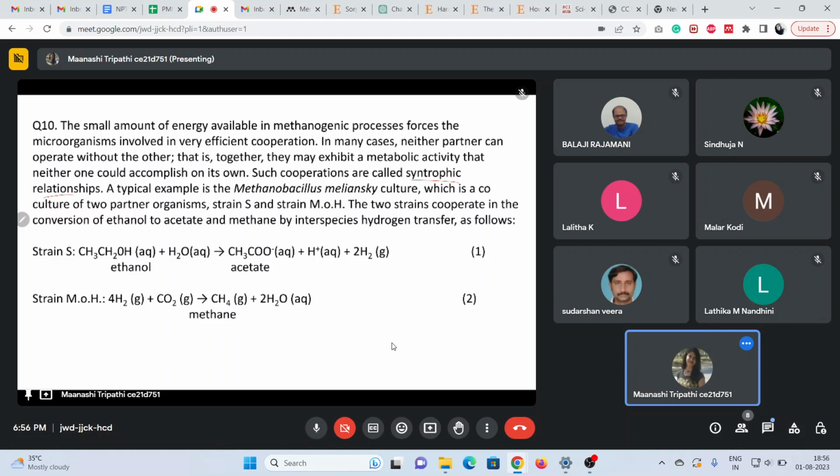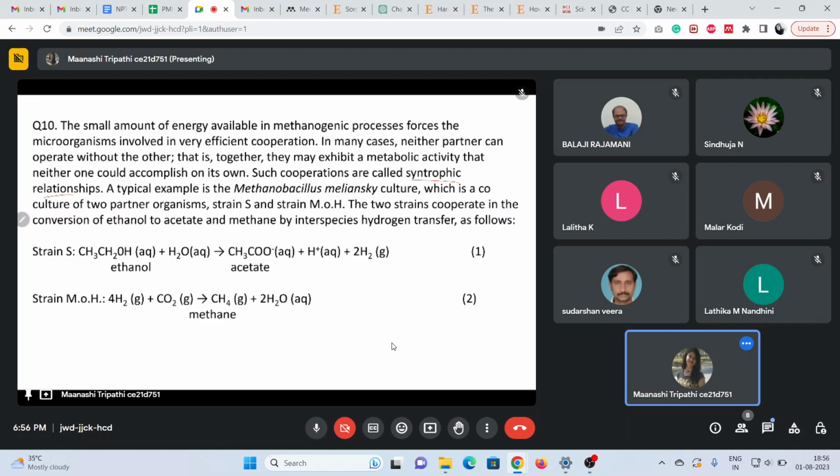So please first of all note down these two reactions so that we can go to the next page and see what this question wants us to answer. So two strains are there. These are bacterial strains, one is S and one is MOH. One is converting ethanol to acetate and the other is producing methane from hydrogen and carbon dioxide.